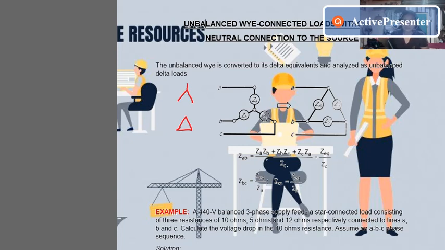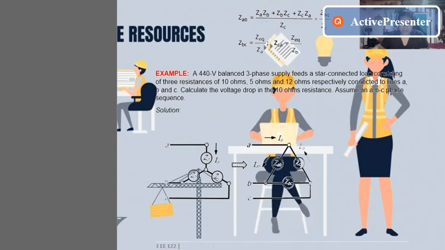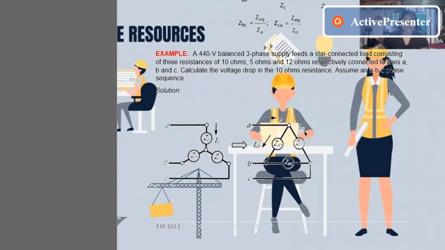Z equivalent over ZB. So let's apply this in our example for unbalanced Y. We have a 440 volts balanced 3-phase supply feeding a star-connected load consisting of 3 resistances of 10 ohms, 5 ohms, and 12 ohms respectively, connected to lines A, B, and C. Calculate the voltage drop in the 10 ohms resistance.